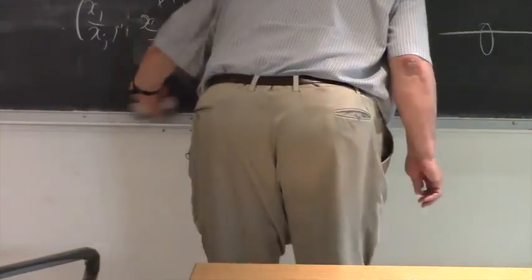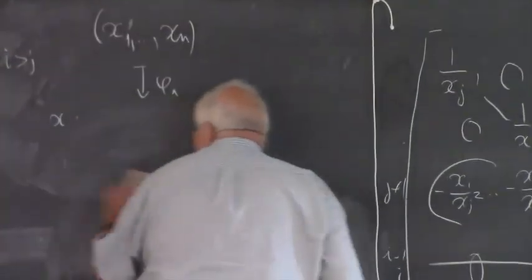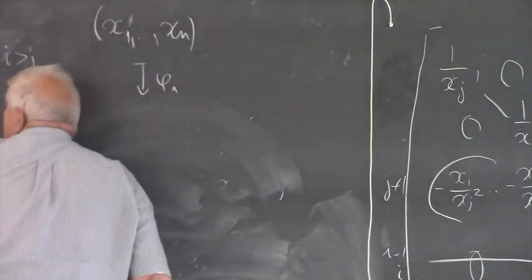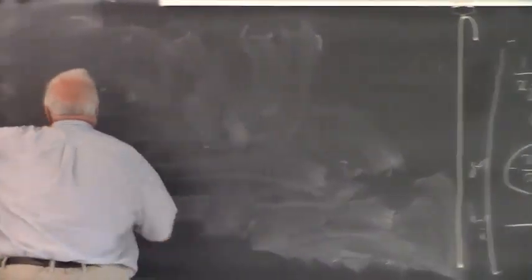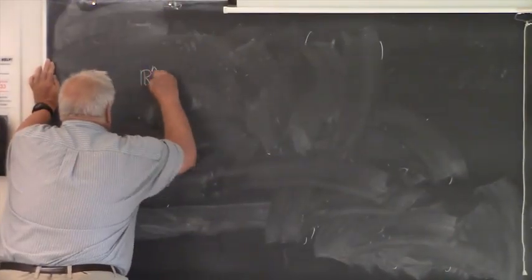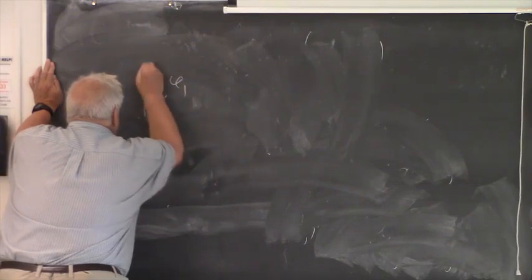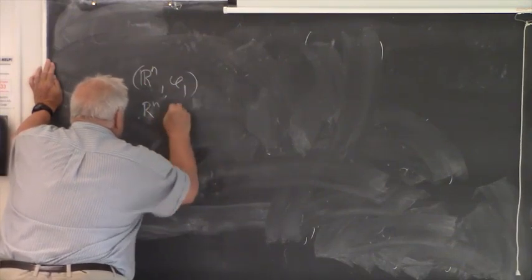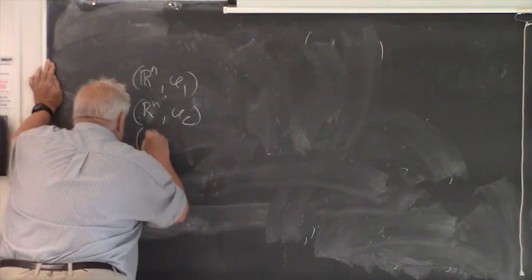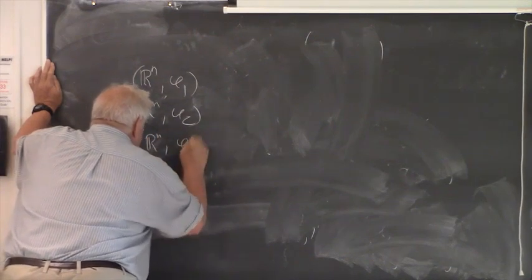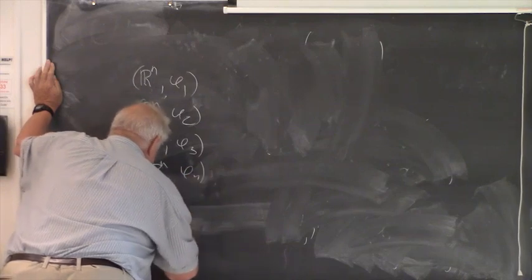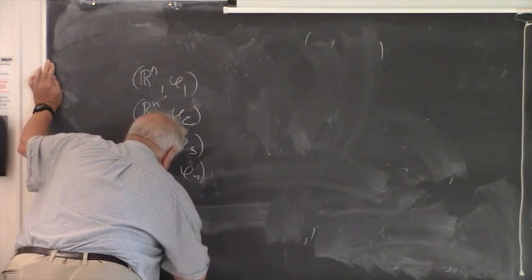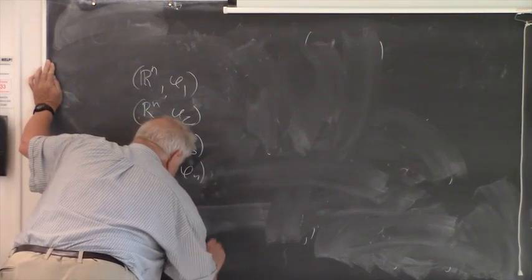So we have an atlas. Let me write Rn phi1, Rn phi2, Rn phi3, Rn phi4, Rn phi n plus 1.